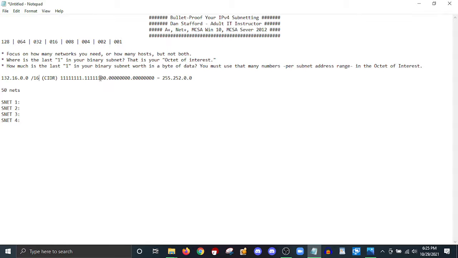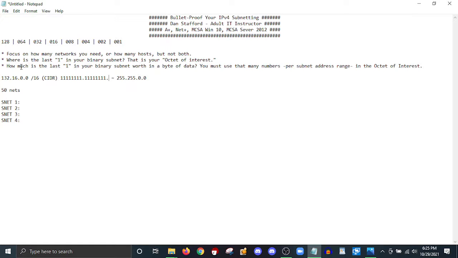Okay, and what does that 16 mean? That /16 means I have 16 ones in my subnet. That gives me a decimal subnet of 255.255.0.0. And to get to 50 networks, I'm going to have to add ones.